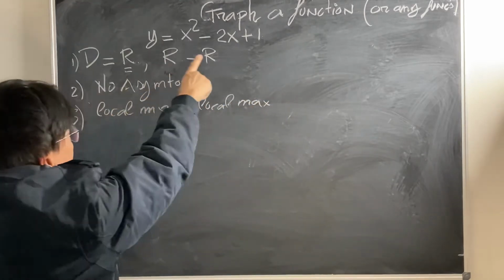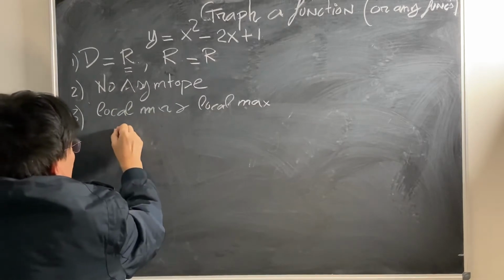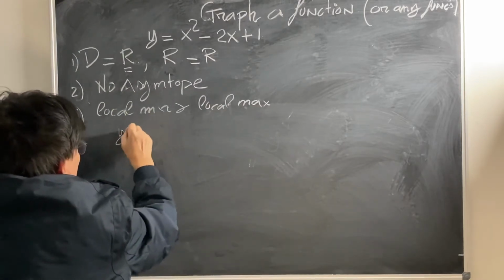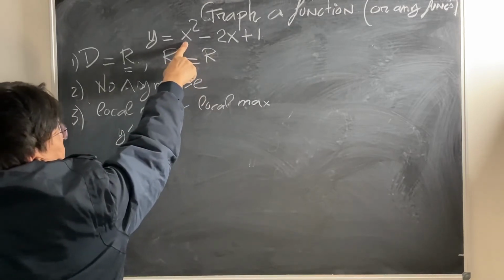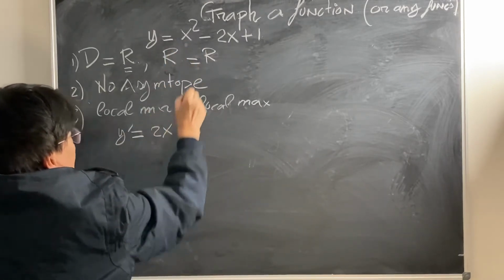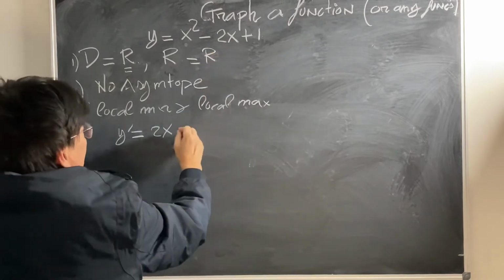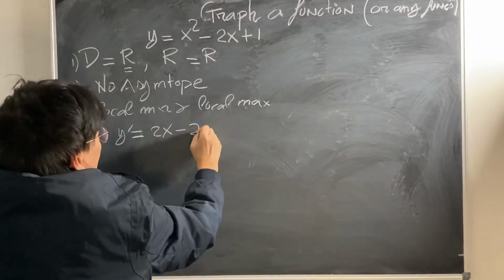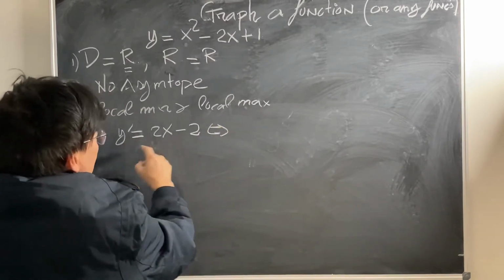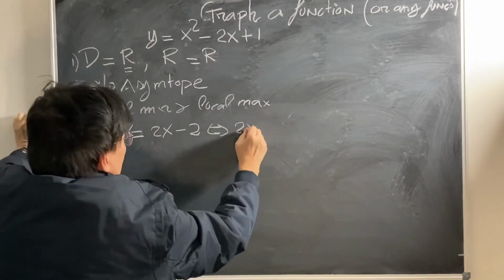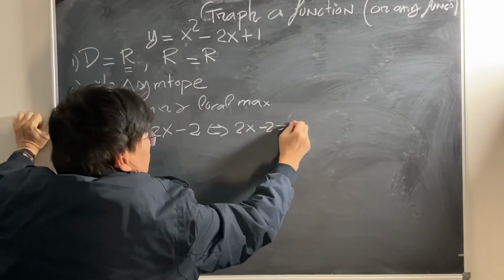In order to find that, you must take the derivative y prime. So y prime: derivative of x squared equals 2x, derivative of minus 2x equals minus 2, and derivative of 1 equals 0, and set that equal 0. So y prime equal 0 is equivalent to 2x minus 2 equal 0.